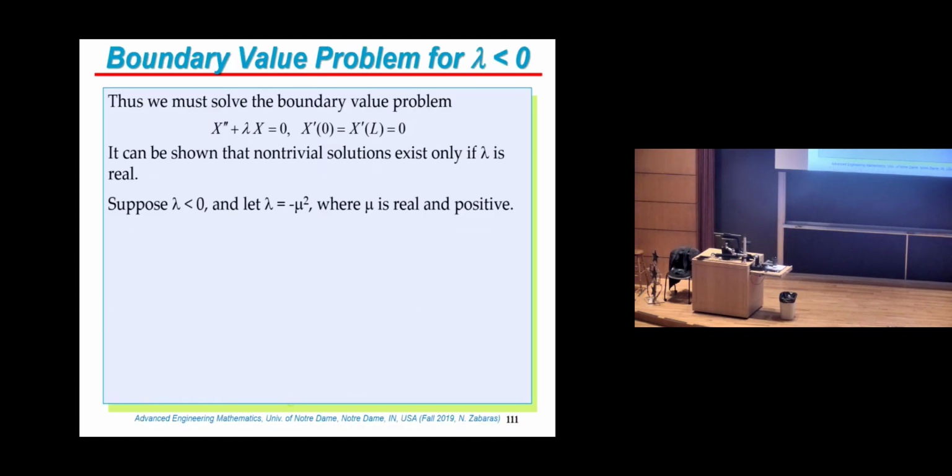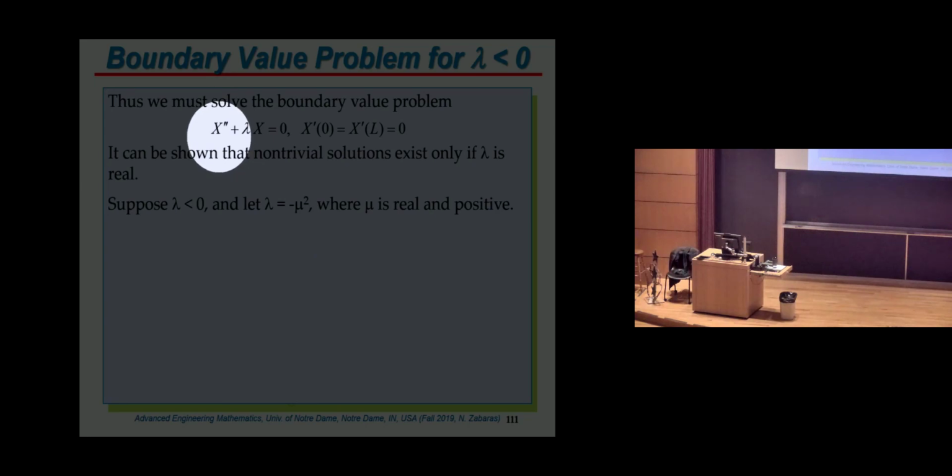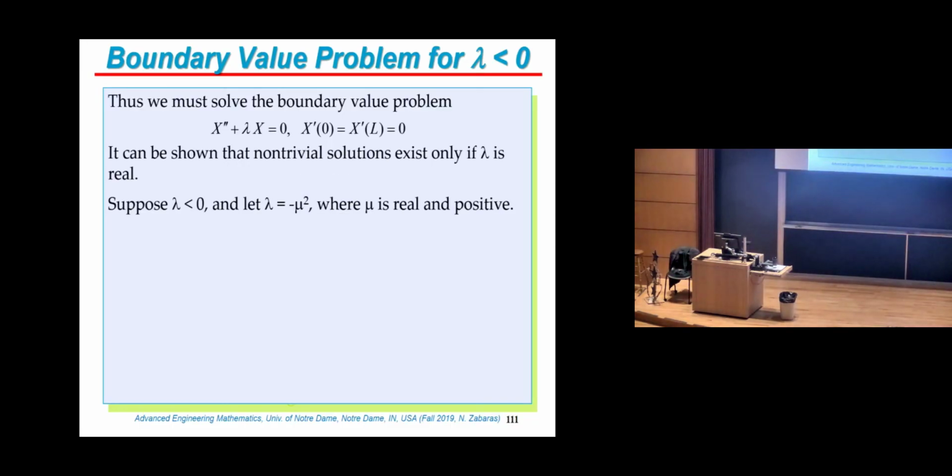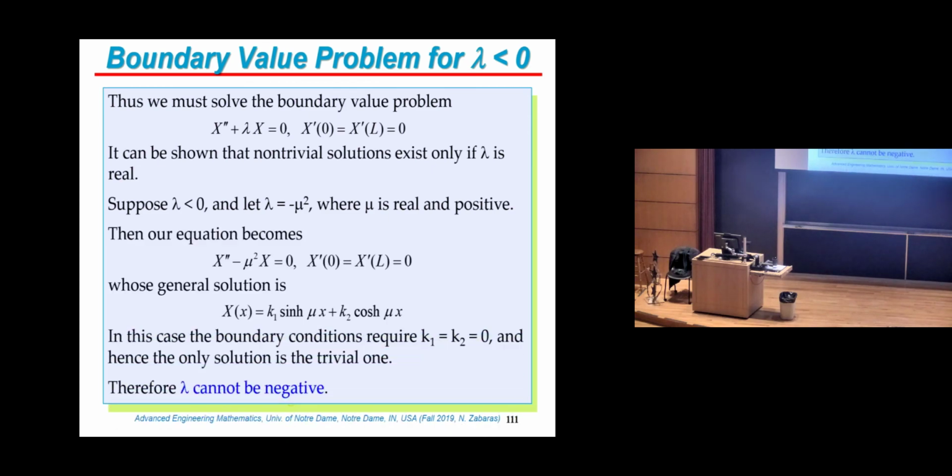So this is for x. You have to solve this ordinary differential equation where the boundary conditions involve derivatives at 0 and L. So if lambda comes to be negative, I am not going to do it. You will see that it doesn't work. You cannot solve this problem, okay? So lambda negative doesn't work.